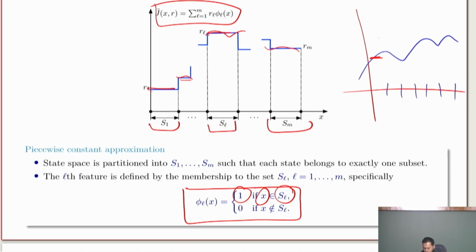So we divide this into various intervals. Our goal is to approximate J tilde, which is possibly nonlinear. So possibly nonlinear meaning this blue one is J tilde.